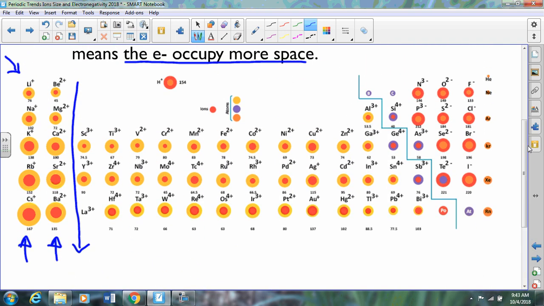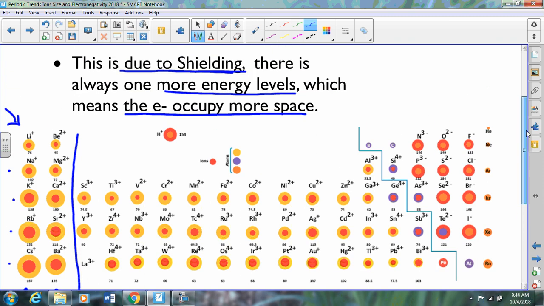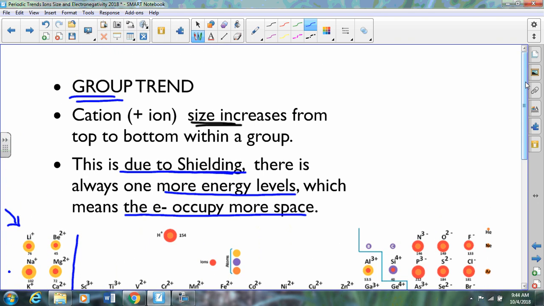Sodium is larger, potassium is larger, rubidium is larger, cesium is even larger, because they still have one increase in energy level than previously. The reason for the trend from top to bottom being that the size increases is completely due to shielding. More energy levels, more space occupied.